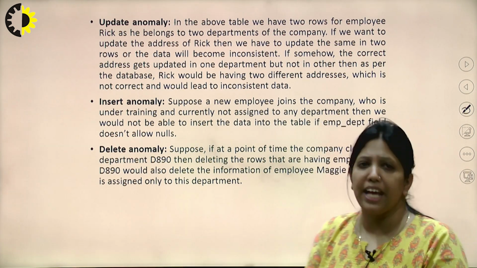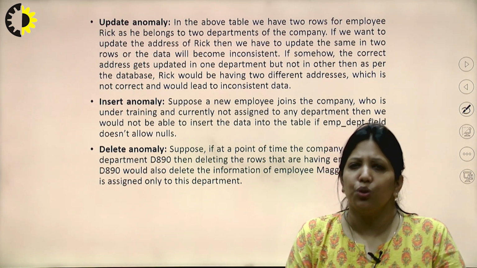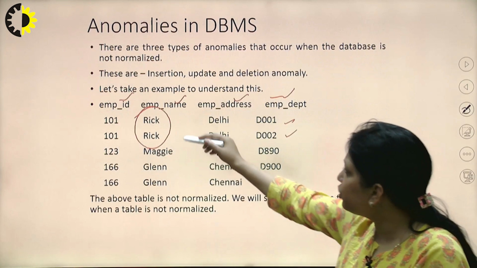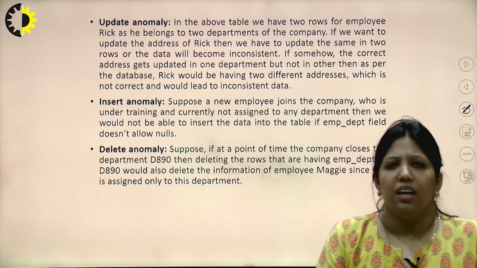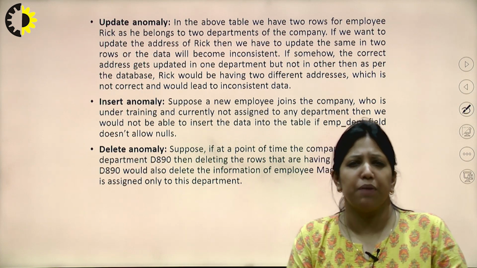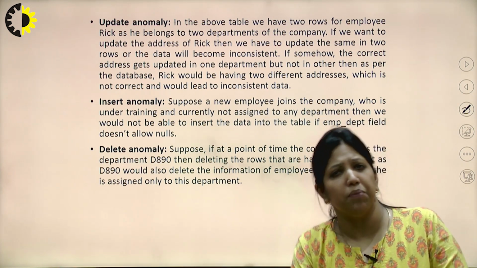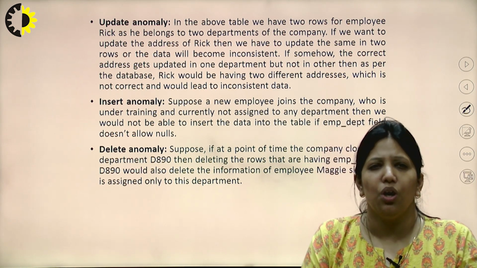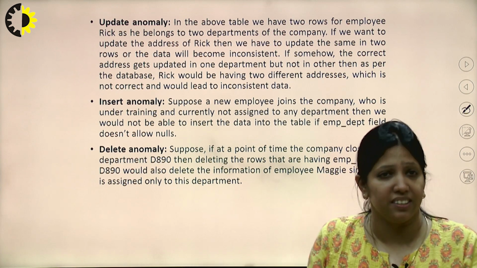First is the update anomaly. We have two rows for this employee, Rick, and he belongs to two different departments of the company. If we want to update the address of Rick, then we have to update it in both rows, or the data will become inconsistent if we change it at only one place.